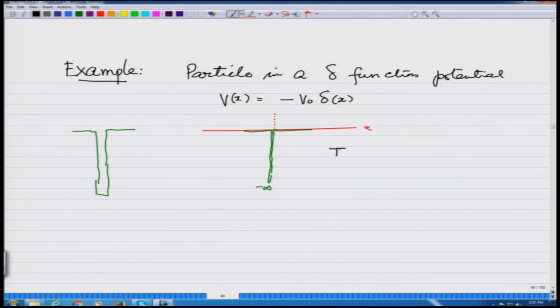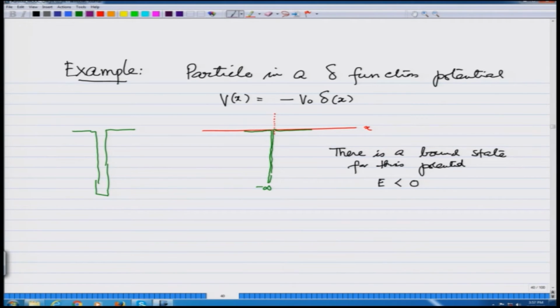So, there is a bound state for this potential. What do we mean by bound state? That means the total energy E is going to be less than 0. The particle is going to be bound near the delta function. Let us see how that comes about.